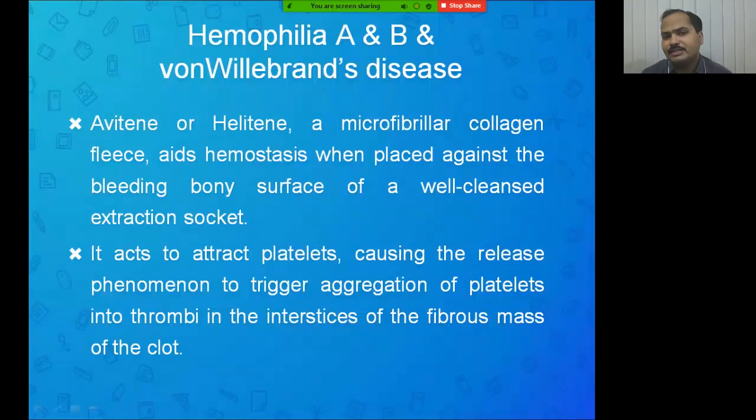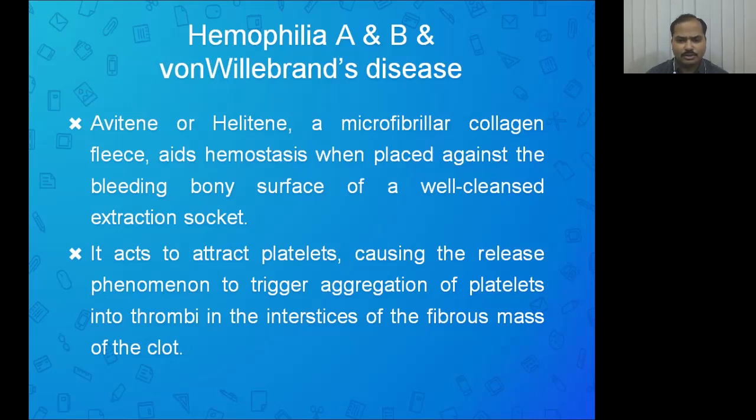Then these hemostatic materials like Avitene or Helitene, which is a microfibrillar collagen fleece, aid in hemostasis when placed against the bleeding bony surface of a well-cleansed extraction socket. It acts by attracting the platelets, causing the release phenomenon to trigger the aggregation of platelets into thrombi in the interstices of the fibrous mass of the clot.